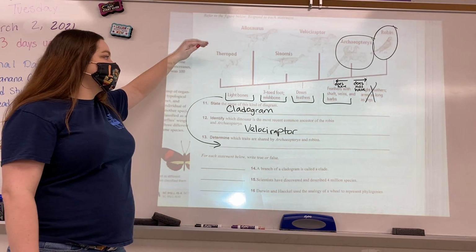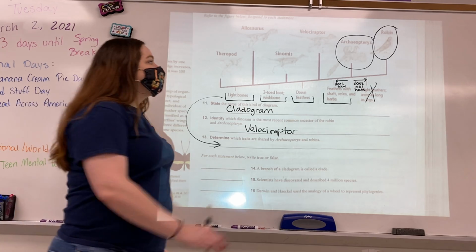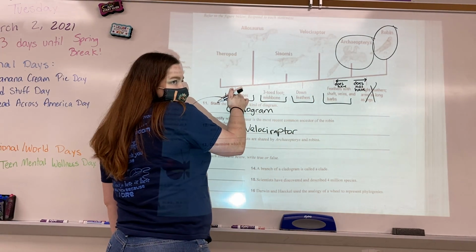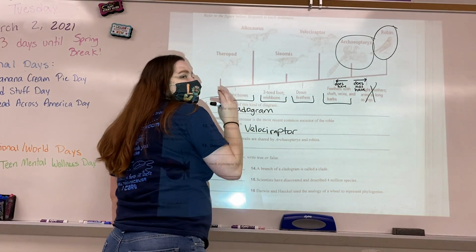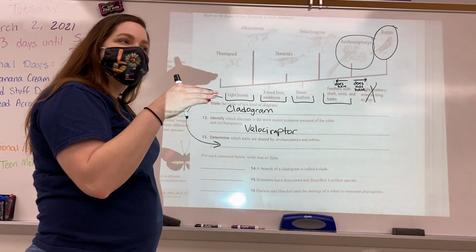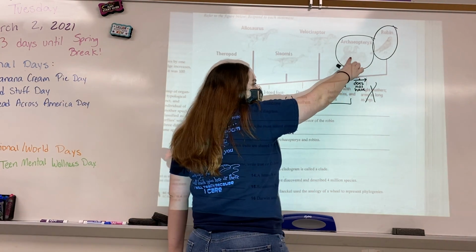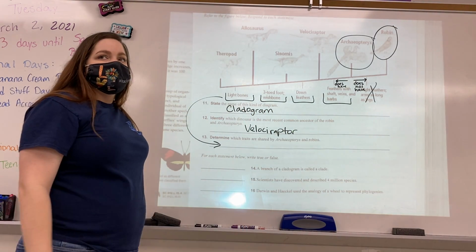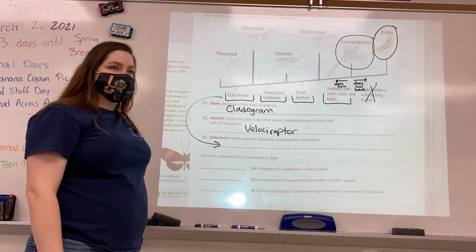If the characteristic is to the left, it does have that characteristic. So this species has these 4 characteristics. Our robin has all 5 of them, but they're asking for the ones that they have in common, so you would not look at this characteristic because this species does not have this characteristic. You guys need to know how to read a cladogram, okay?